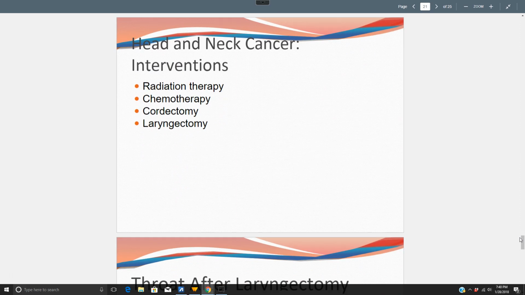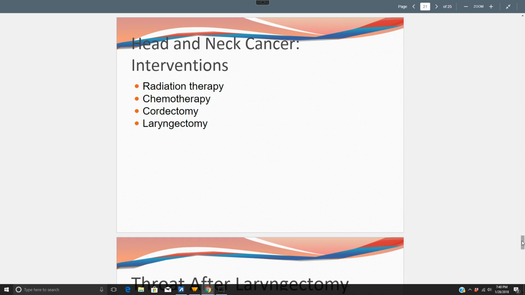And these will all be very dependent on where the cancer is and how far and progressive the cancer is, and if we have any type of metastasis occurring. I'm not going to get into the side effects in regards to radiation and chemo, because we're going to talk about that in much more detail when we get to oncology with hematology.